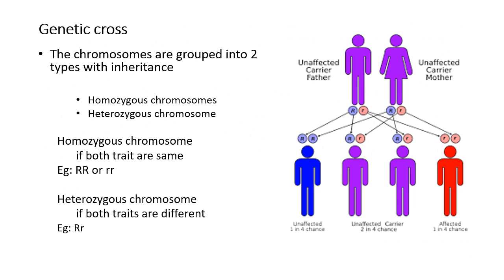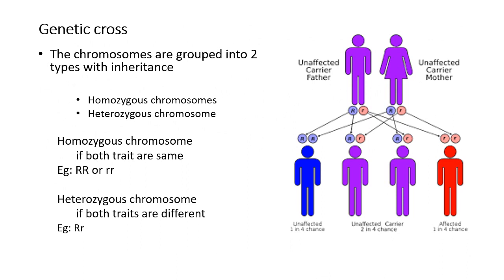There are several methods we can use to show how traits are passed from one generation to the next. The first one is the genetic cross. The chromosomes are grouped into two types of inheritance, homozygous chromosomes and heterozygous chromosomes.